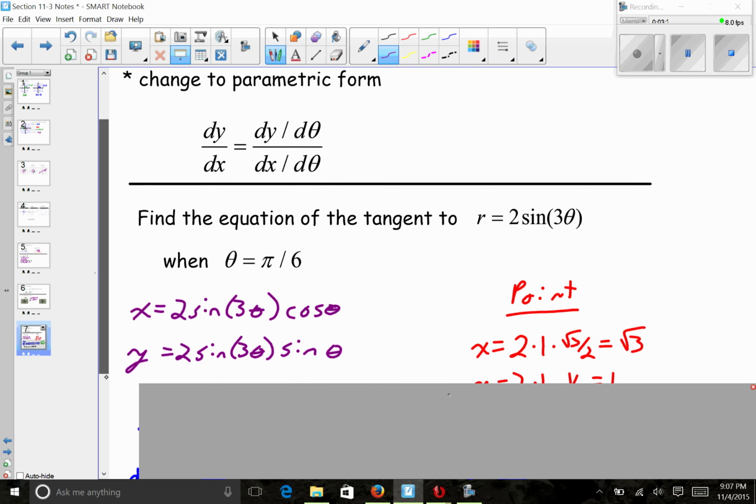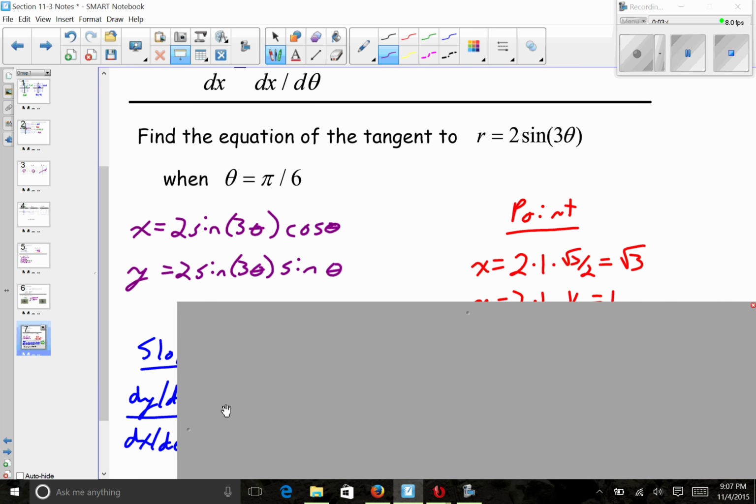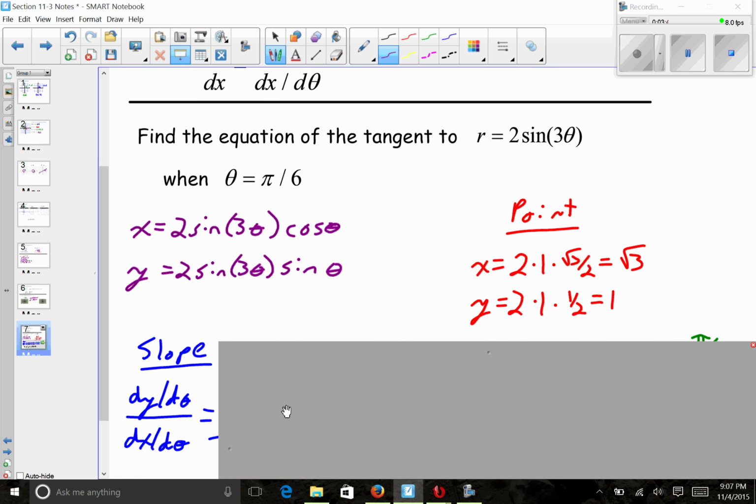Then we have to find the derivative, since we need the slope of our tangent here. Well, to find dy/dx, because this is now parametric, I need the derivative of y with respect to theta over the derivative of x with respect to theta.